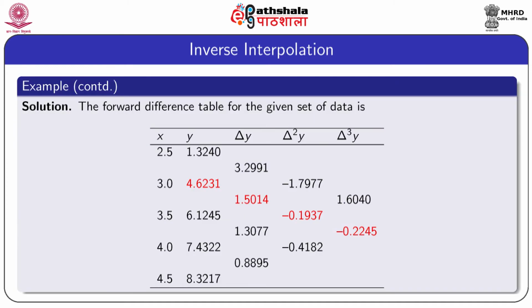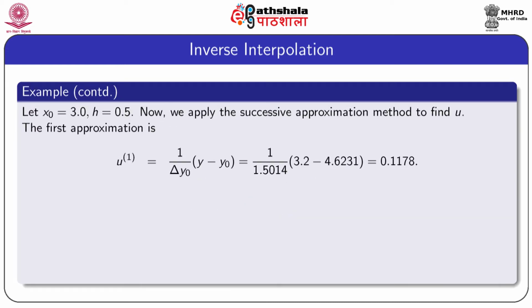Now, for the given table of values, we have constructed the forward difference table as follows. The first column represents the value of x, second column is the value of y, third, fourth and fifth columns are the values of first difference, second difference and third differences. The red marked values are used in the formula. So, in this problem x0 equal to 3.0 and the step length h equal to 0.5.